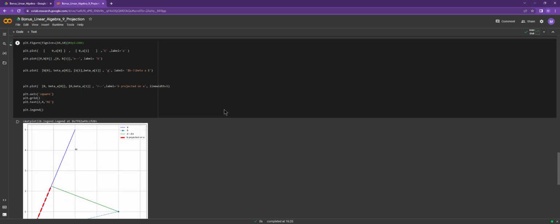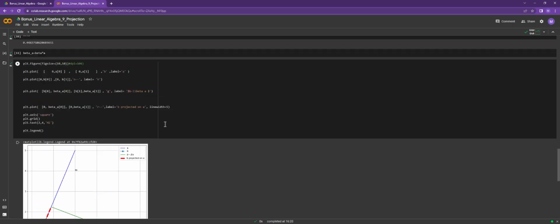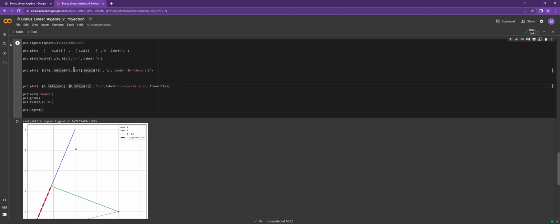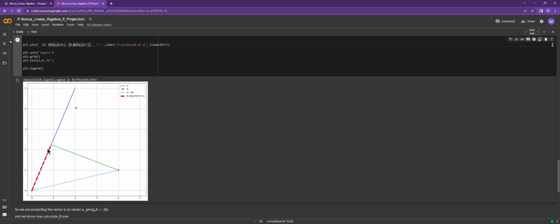So I'm just plotting the projection of B. So that's beta A 0, beta A 1, giving me this point, and the origin is from 0, 0. Now the green line, which was the line that was showing us the projection point, it's the vertical line. We are not really interested in this green line. Rather, we are interested in the projection, the dashed red line.